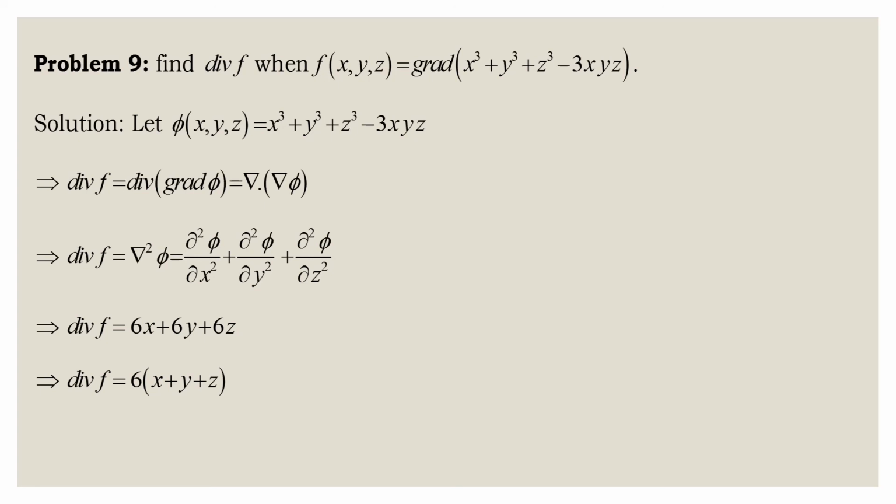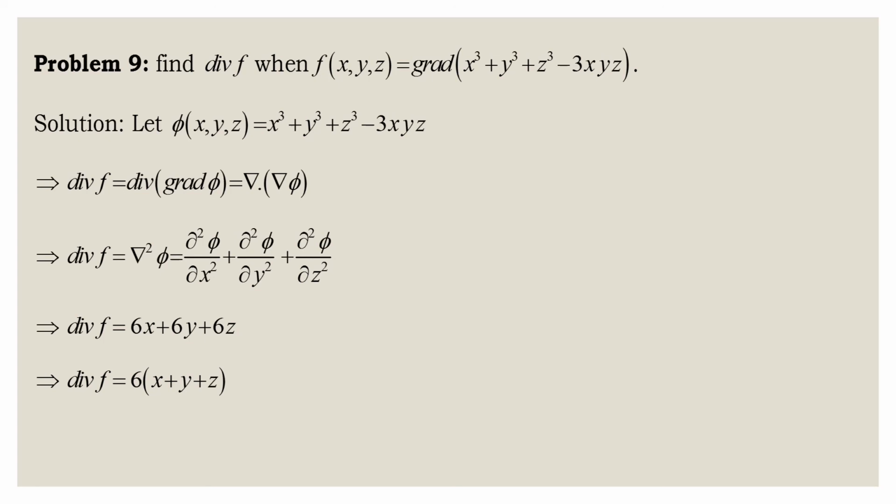This del phi is a vector field. To this vector field, we have to find out the divergence now. That means we need to find div of grad phi. We have seen this before. Div of grad phi equals del dot of del phi, which again equals del square phi.